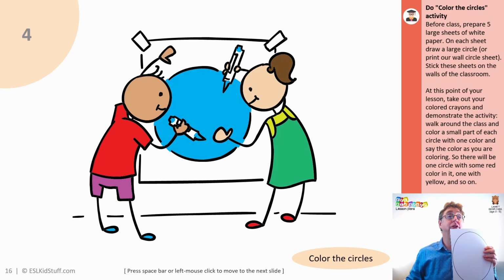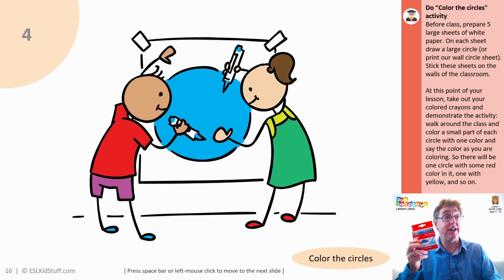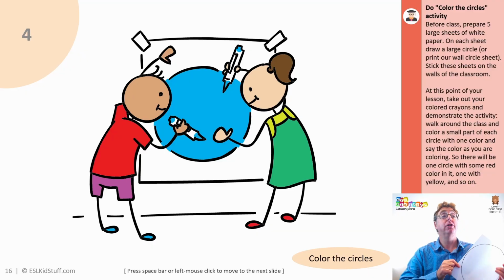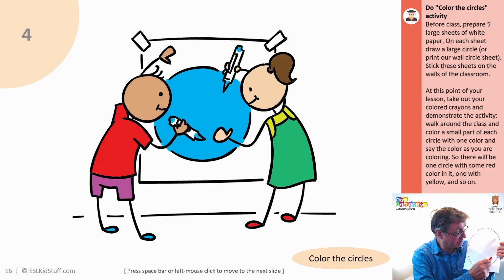Okay, so at this point, you'll have 5 big circles on the walls of your classroom. Take out your crayons and take out one of the 5 colors that we were reviewing. So I'll take out here red and walk up to one of the circles and color in just a little bit on here. Say red, red.